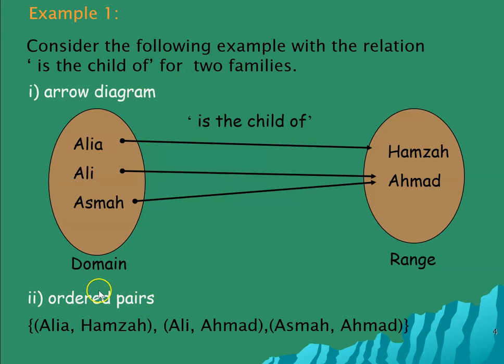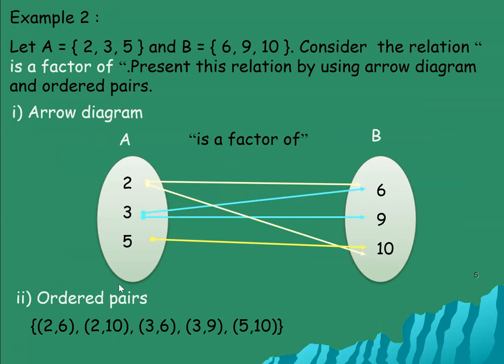Okay, let's see the second example. Let A be the set which consists of 2, 3, and 5, and B consists of 6, 9, and 10. We consider the relation "is a factor of". We present this relation using both arrow diagram and also order pair.